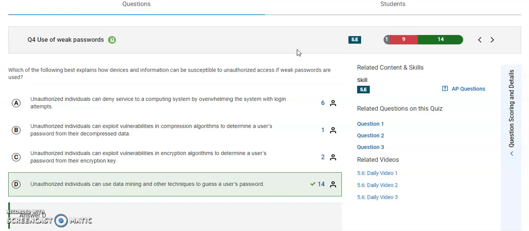Question 4 of this discusses more so the idea of weak passwords and how they're not good. There's a reason you want your passwords to be strong. There is such thing as called brute force attacks. Brute force attacks are when we try every possibility out there to see if any of them will work.